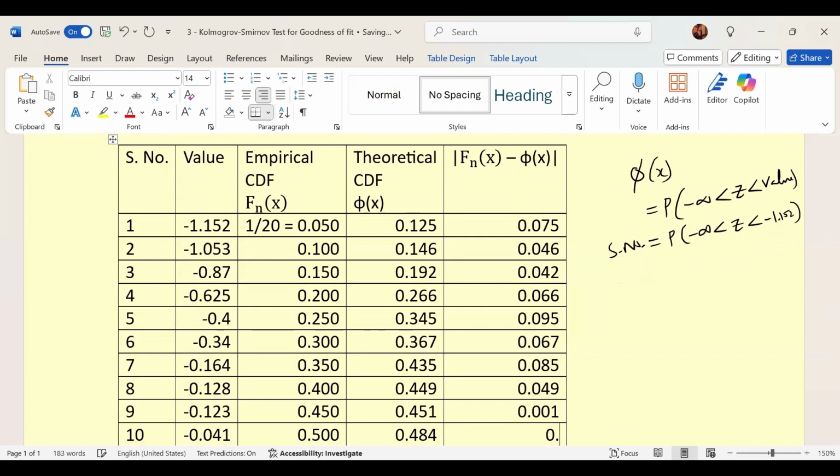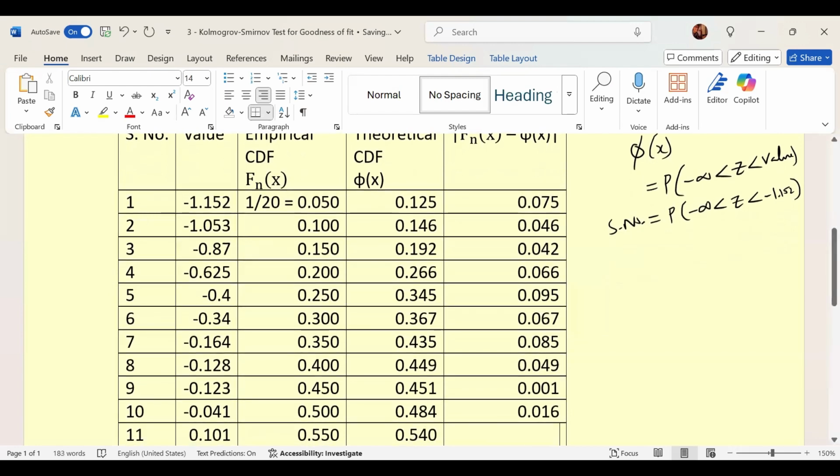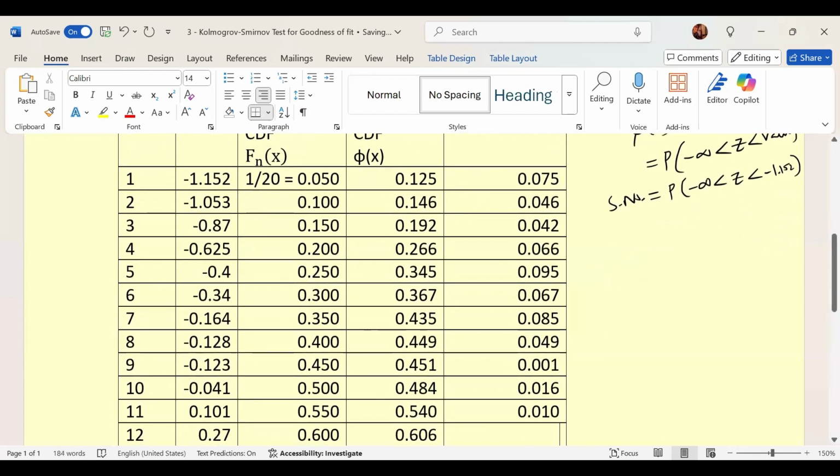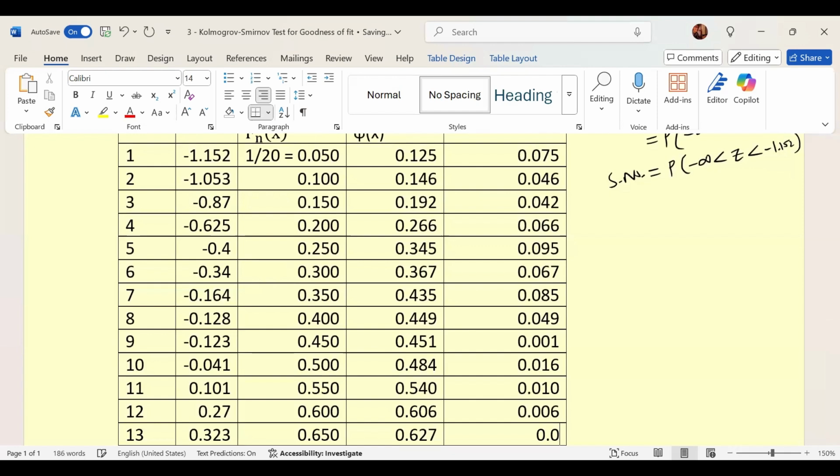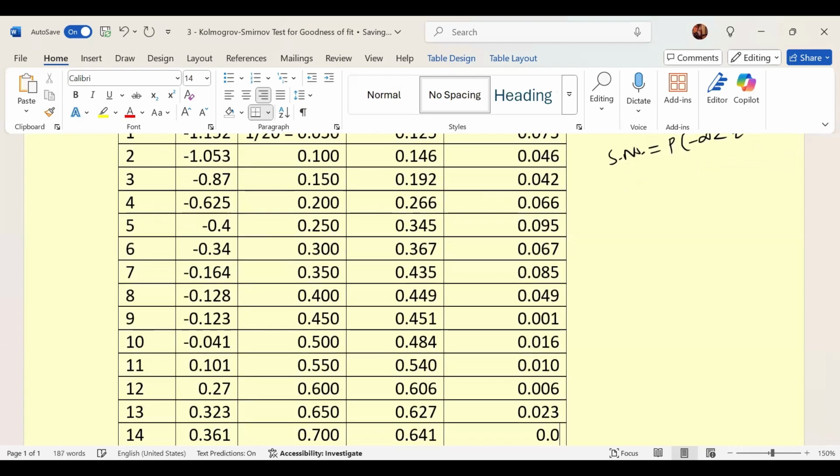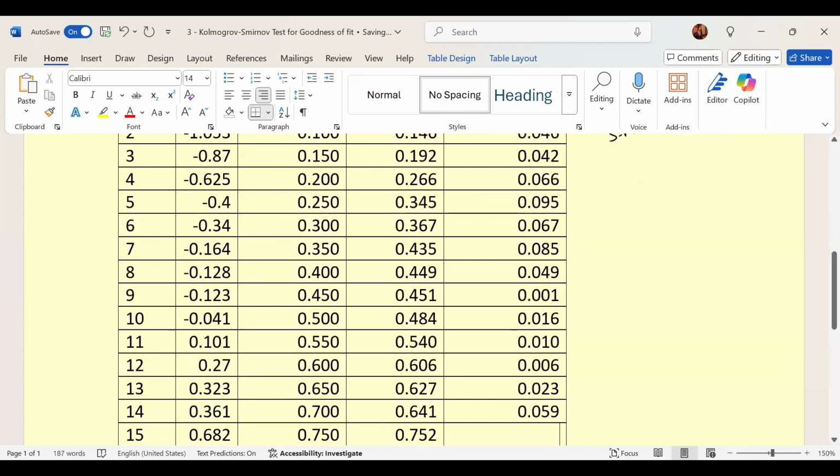Then 0.016. Then the difference 0.010. Then 0.006. Then 0.023, the 13th value. Next 0.059. Next will be 0.002.